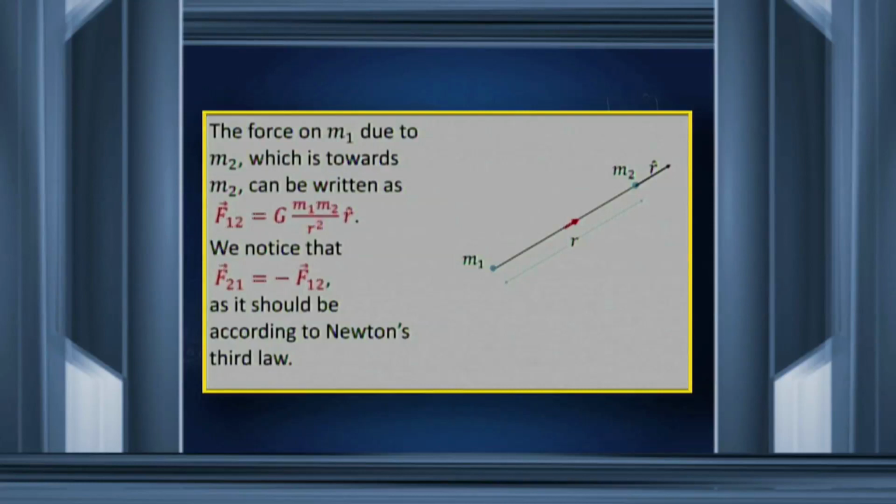Therefore, we can write the force F12, that is the force acting on m1 by m2, which is equal to G m1 m2 by r squared into r cap. You see, there is no negative sign, because the red arrow, you can see, points in the same direction as the unit vector.